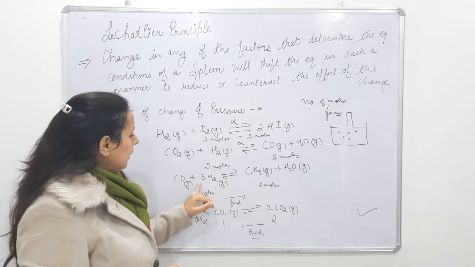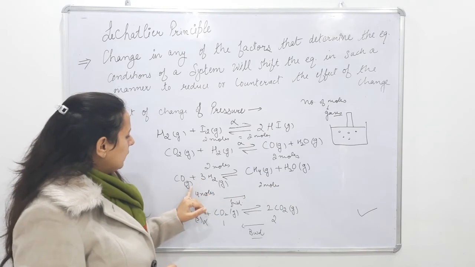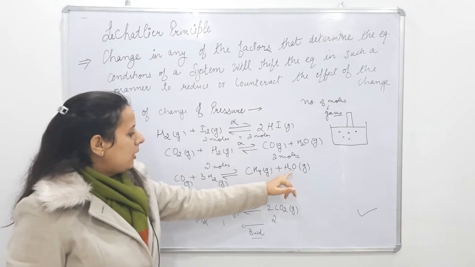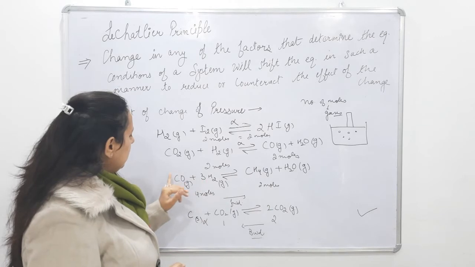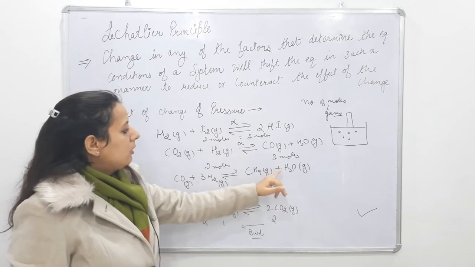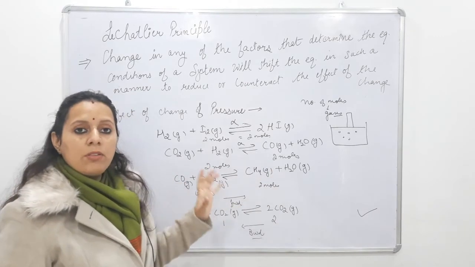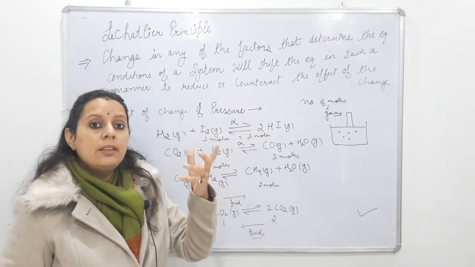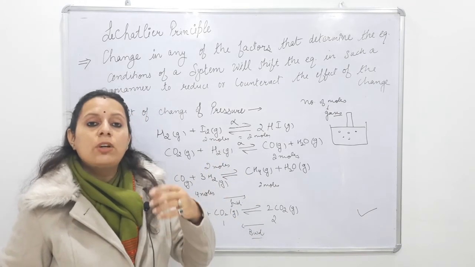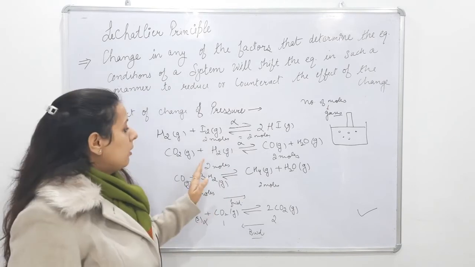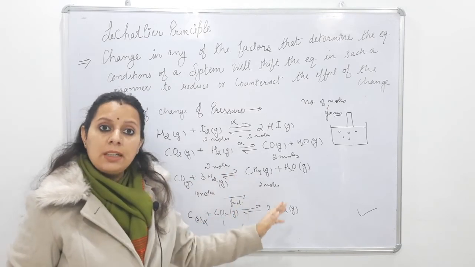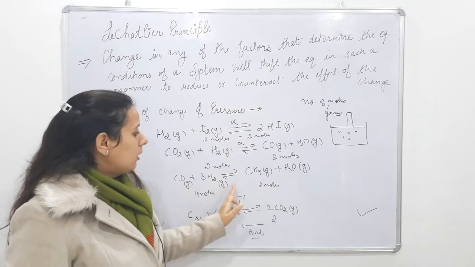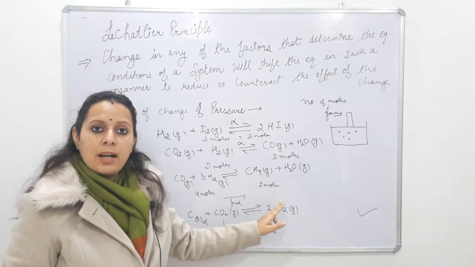Here you can see there are a total of 4 moles of gases. Only gases we will consider, right? So here 3 plus 1, 4 moles, and here there are 2 moles. If you are increasing the pressure, the effect of change of pressure will be seen if there is a change in the number of moles between the right-hand side and left-hand side.